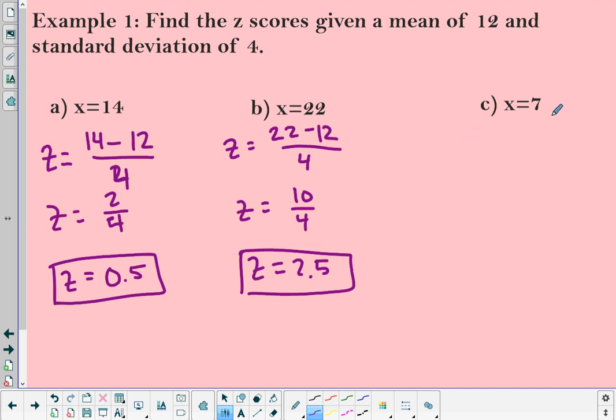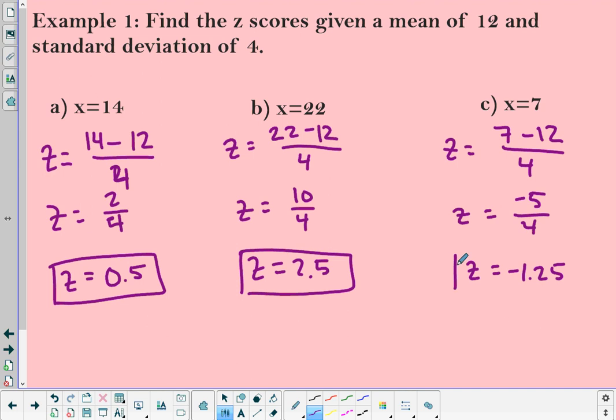And then of course you have data that is less than the mean. You still always have to take the data minus the mean. So I'd have a z-score here of 7 minus 12 divided by 4. That's the same thing as negative 5 divided by 4, which is the same thing as negative 1.25.